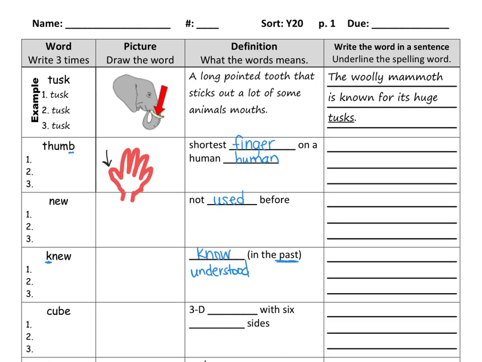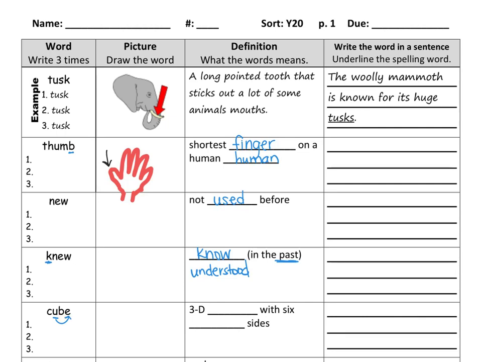I'm going on. Cube, cube. Say it with me. Cube. It sounds like it starts with a Q, but it does not. It starts with a C. And it has the long U because it has a silent E. So, let's look at the definition.